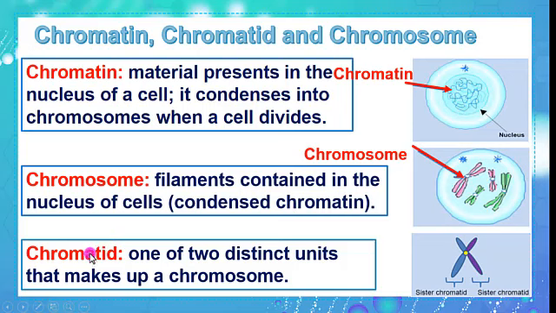And the chromatid, as we mentioned before, is one of two distinct units that make up a chromosome. So, as a conclusion, the chromatin is a chromosome but in a filament structure, while a chromosome is made up of two chromatids that are joined by a centromere.